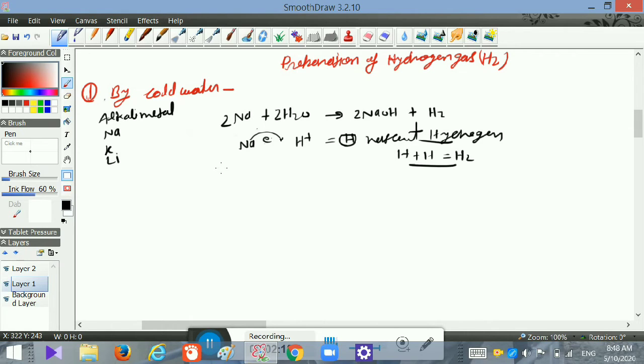One other way we can write this reaction. So see in different steps, in what steps this reaction happens.